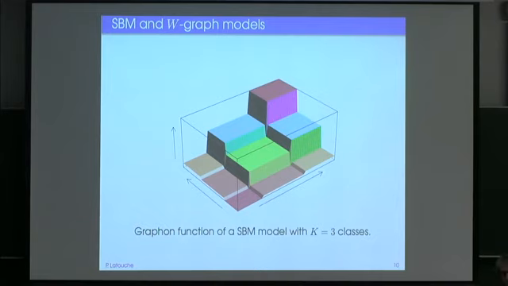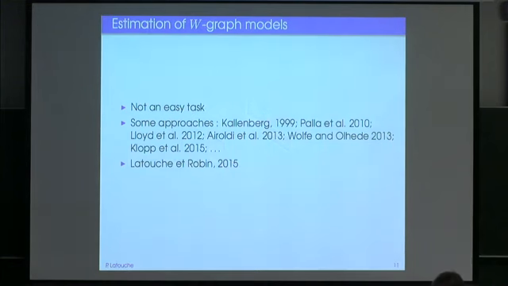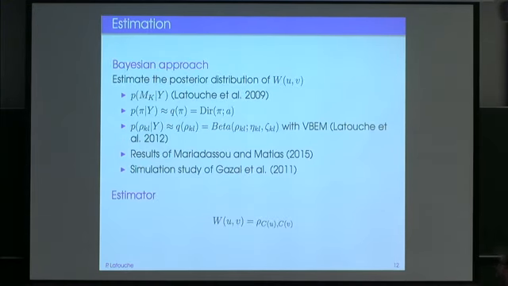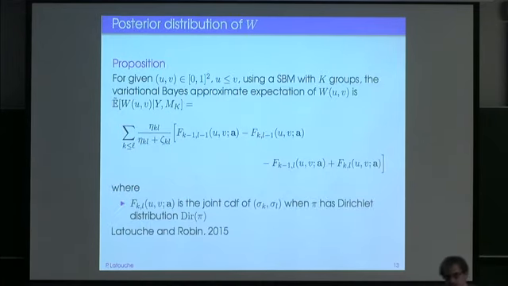Then from this approximation, you can integrate all of this exactly. In particular, the Dirichlet here over the grid can be integrated out exactly, and this gives you something like this.